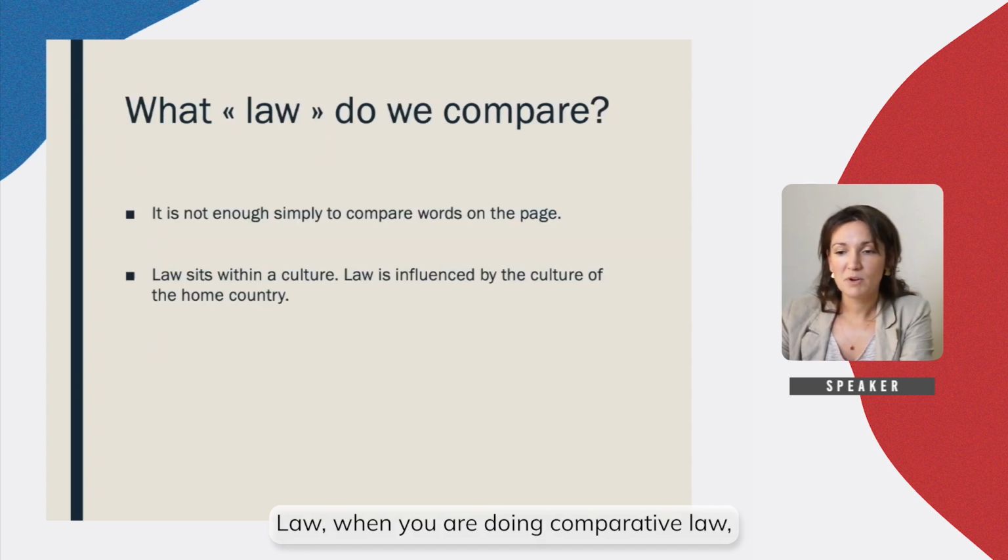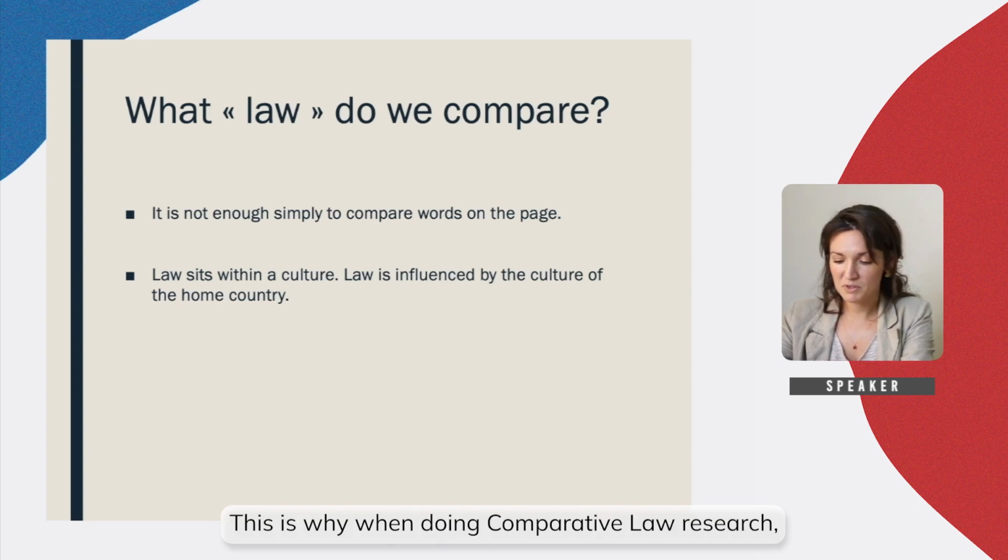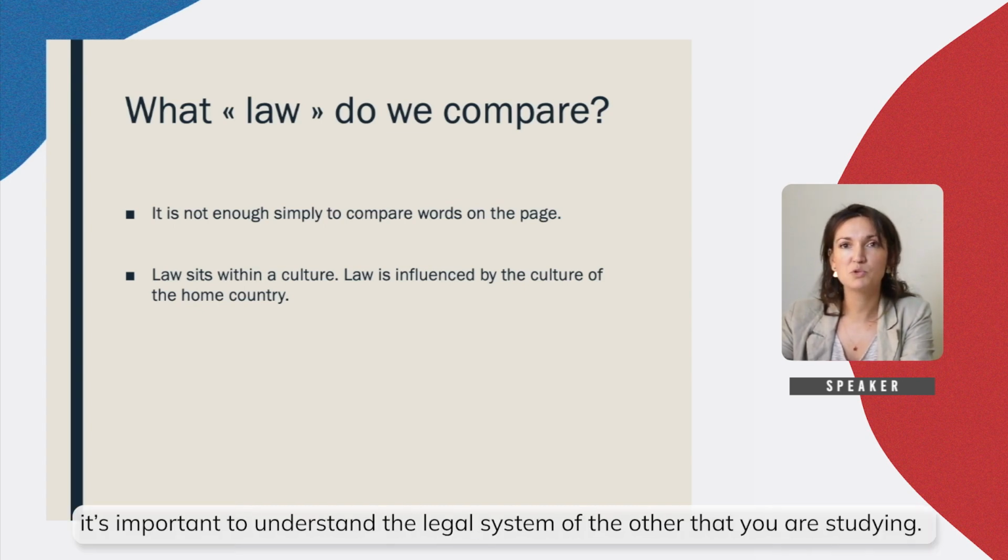When you're doing comparative law, you need to understand that law sits within a culture and that it's influenced by the culture of the home country. This is why when doing comparative law research, it's important to understand the legal system of the other that you are studying.